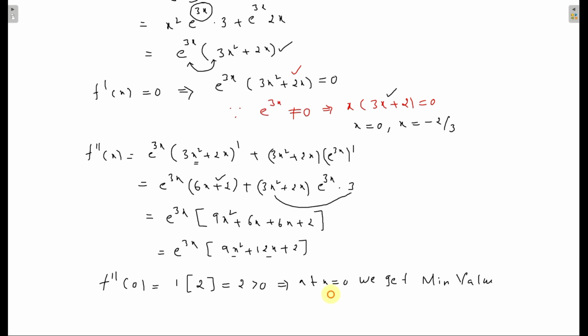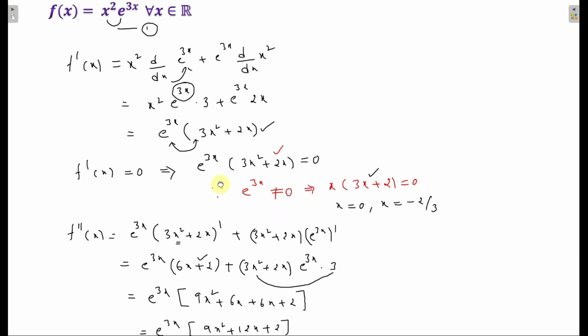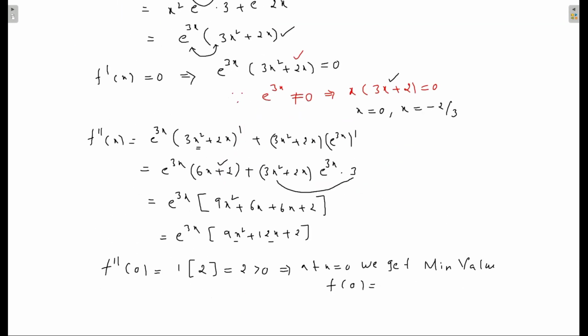And the minimum value is given by f of 0. Substitute x = 0 in the given relation, f of x is x² into e^(3x). If I substitute x = 0, I get 0. So I am getting a minimum value at x = 0, and the minimum value is also 0.